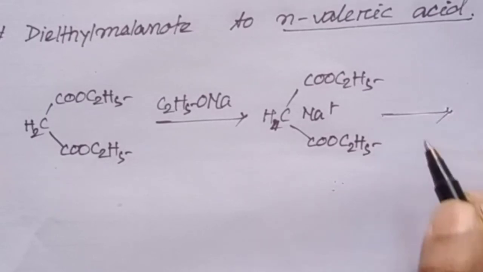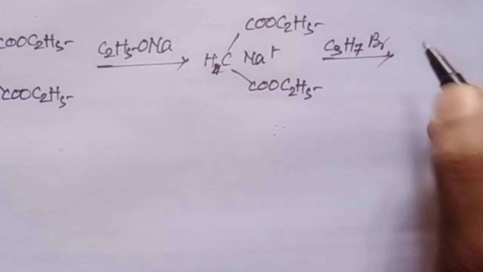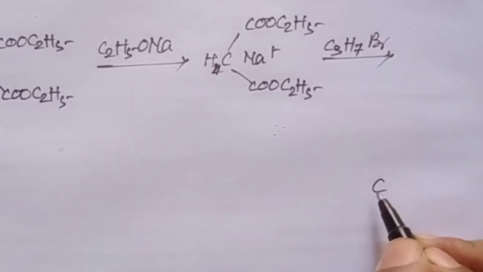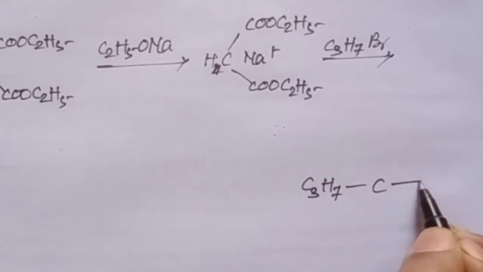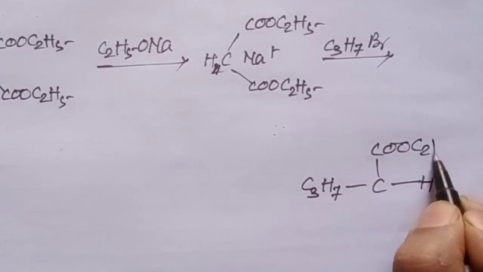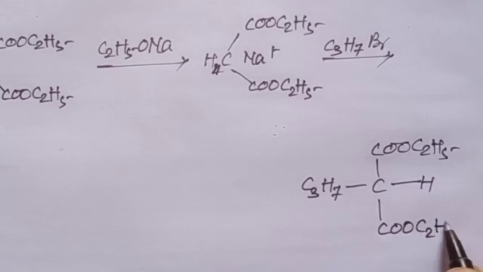When I add then C3H7Br, it will lead to form C3H7 will be here, acidic proton let's be here, COOC2H5, COOC2H5.